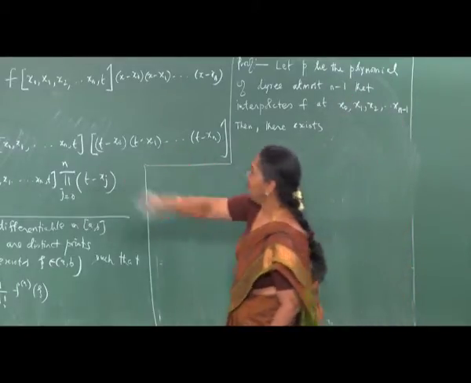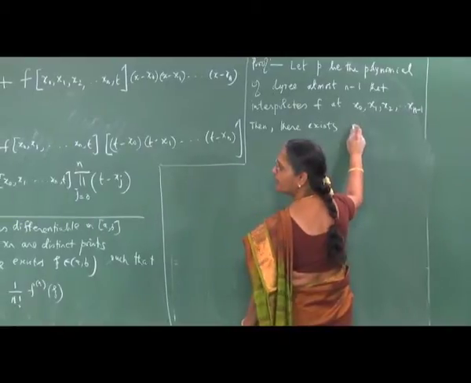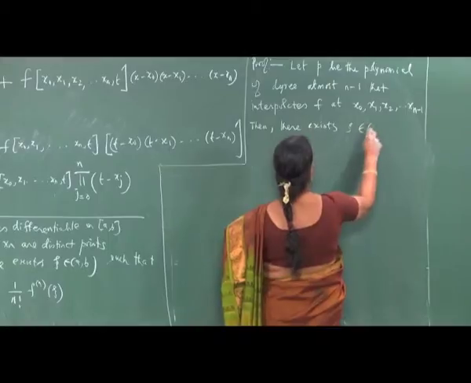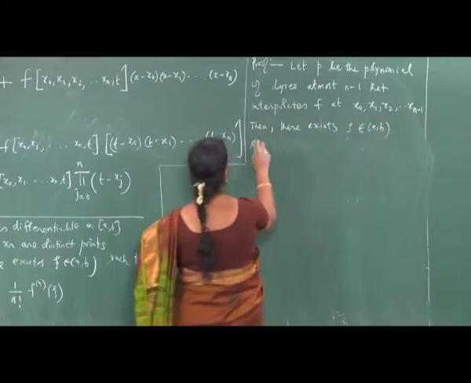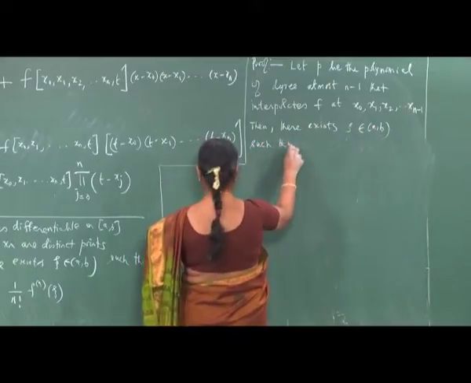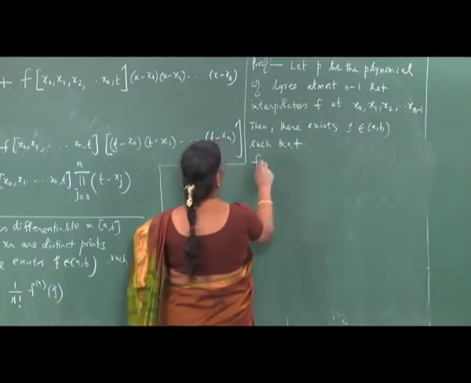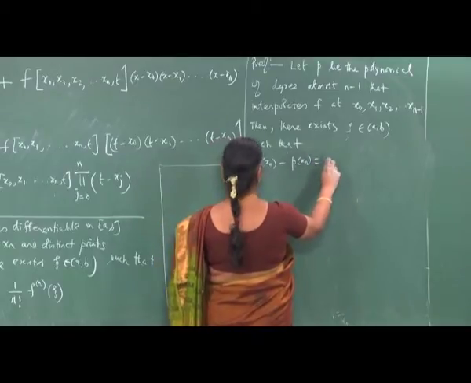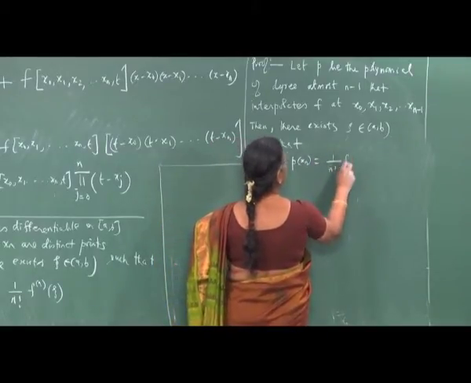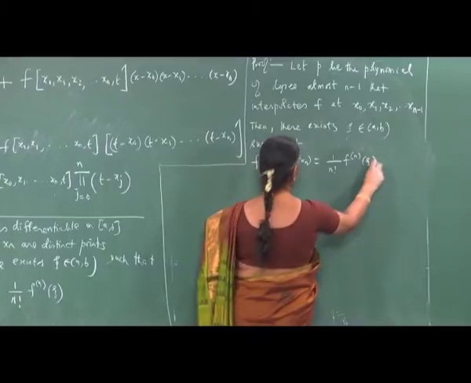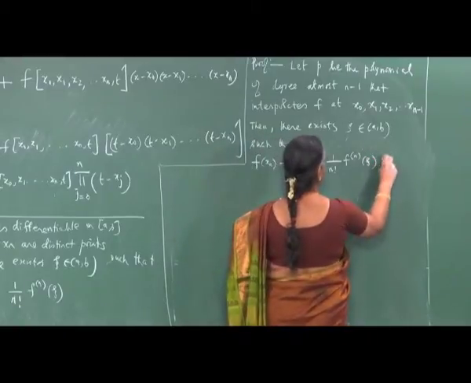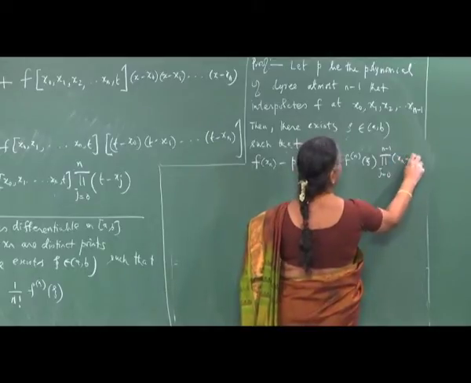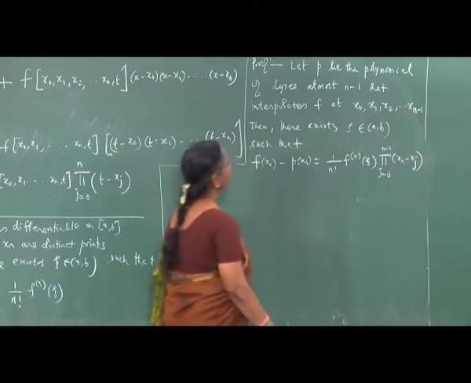Using the previous problem, I know that there exists a psi belonging to the interval a b such that f at xn minus p at xn is 1 by n factorial into nth derivative at psi into the product j equal to 0 to n minus 1 of xn minus xj.